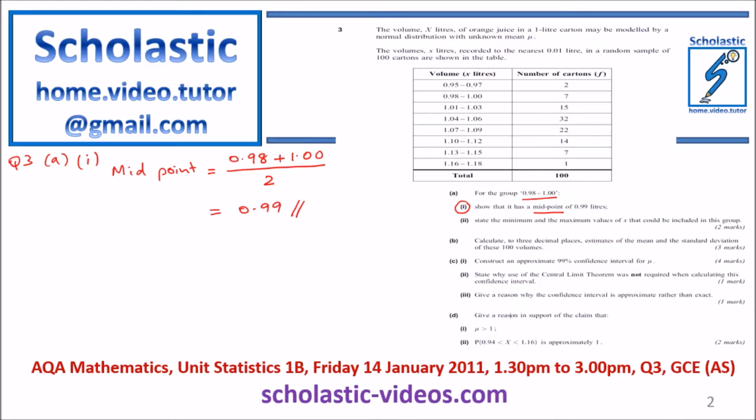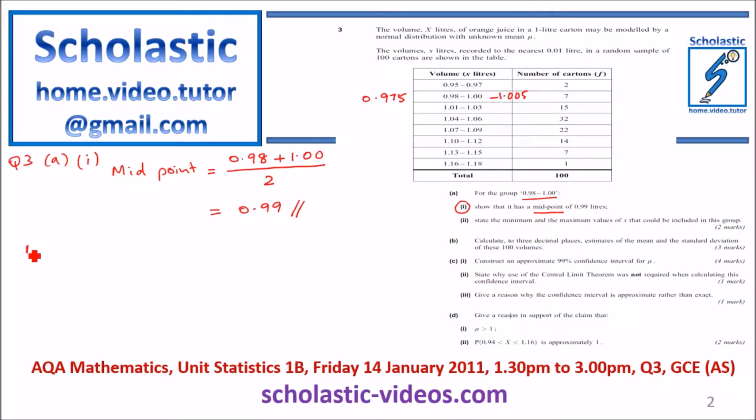Also, you can think of it a little bit more broadly. In this case we took the exact 0.98 to 1.00, but in this class there are actually values which can start from 0.975, the midpoint of 0.97 to 0.98. Also, it can go up to 1.005, because this is the midpoint between 1.00 and 1.01.